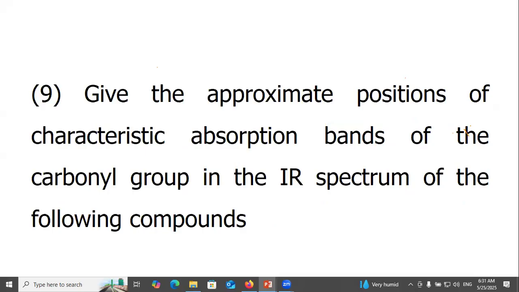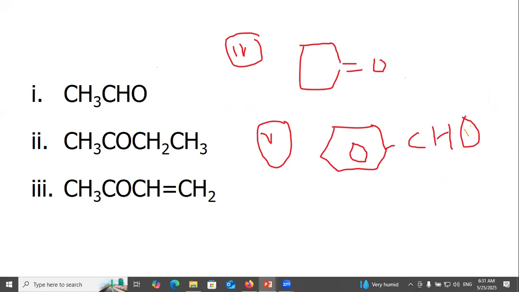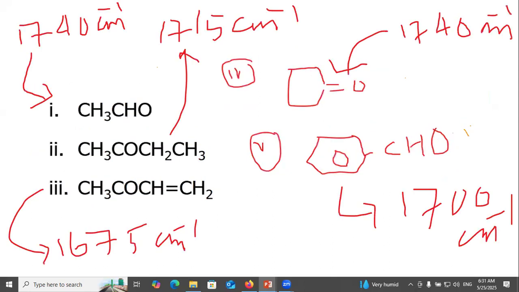Question 9. Give the approximate position of the characteristic absorption bands of the carbonyl group in the IR spectrum of the following compounds. Okay, there are 5 compounds. In case of first, 1740 per cm.